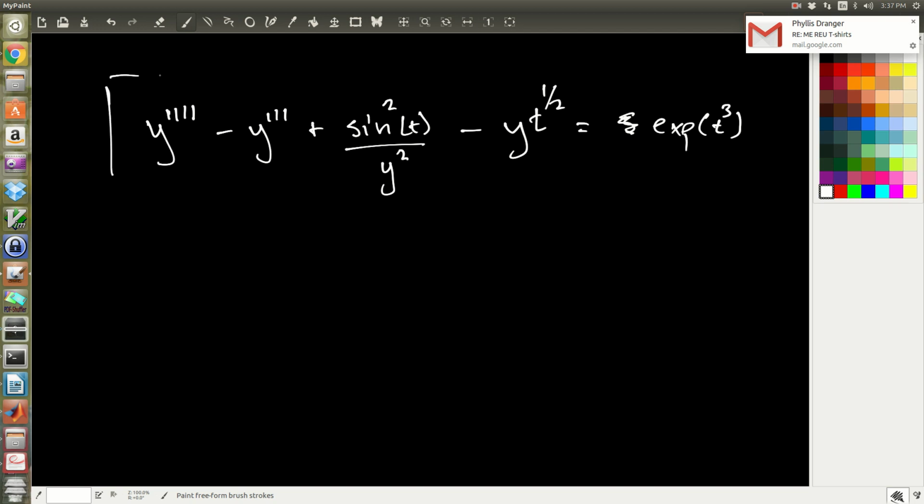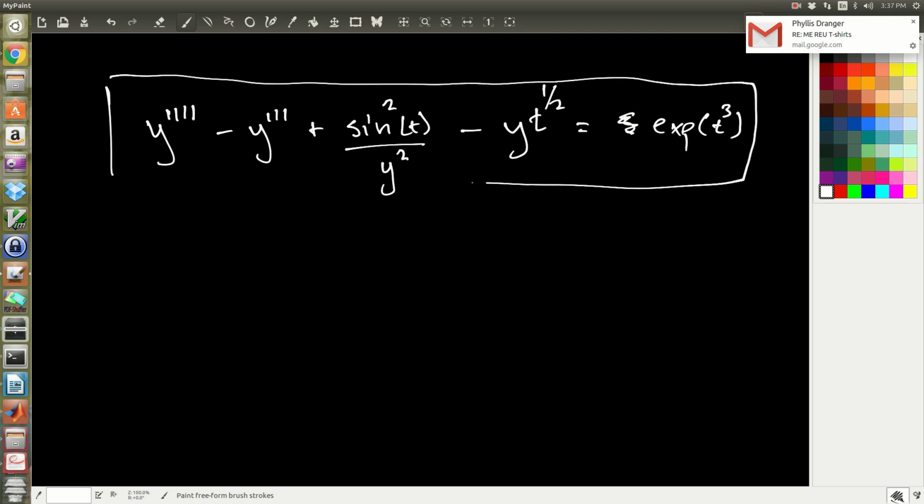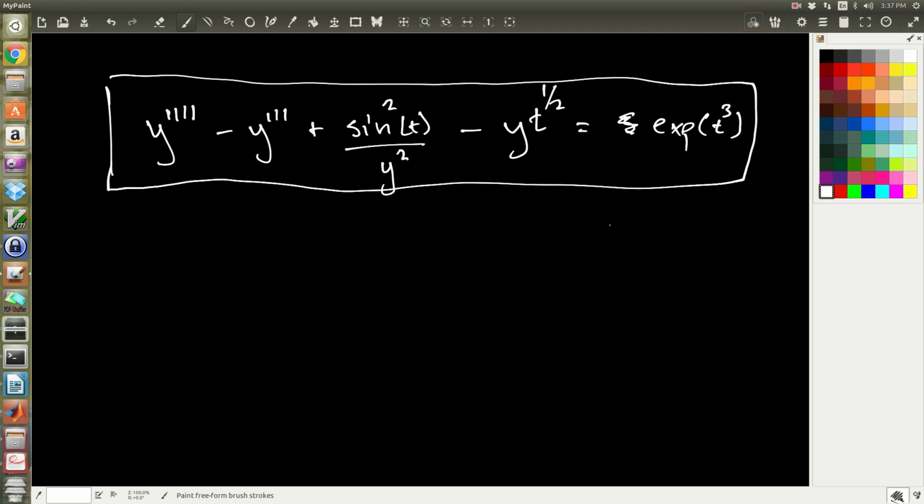You should be able to take this right here and write it as a system of first order ODEs.